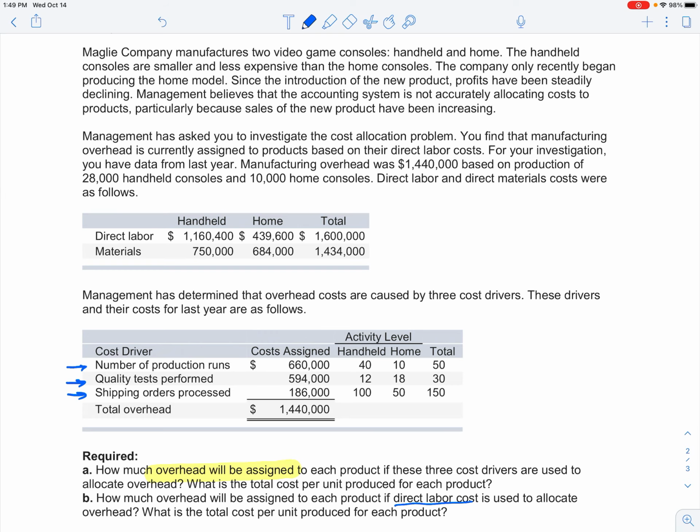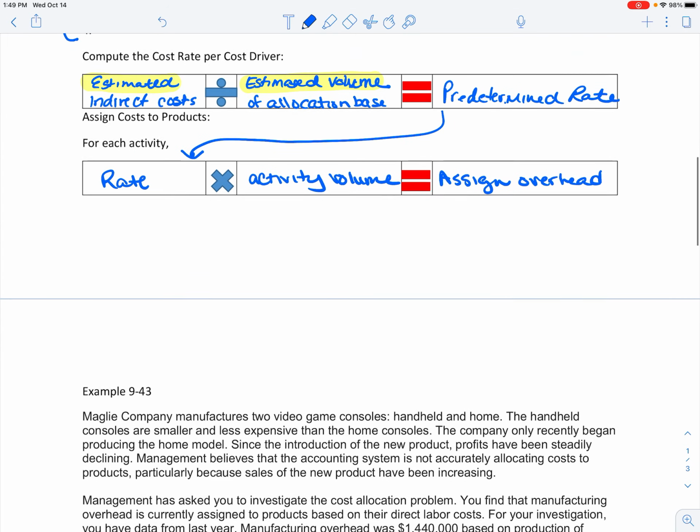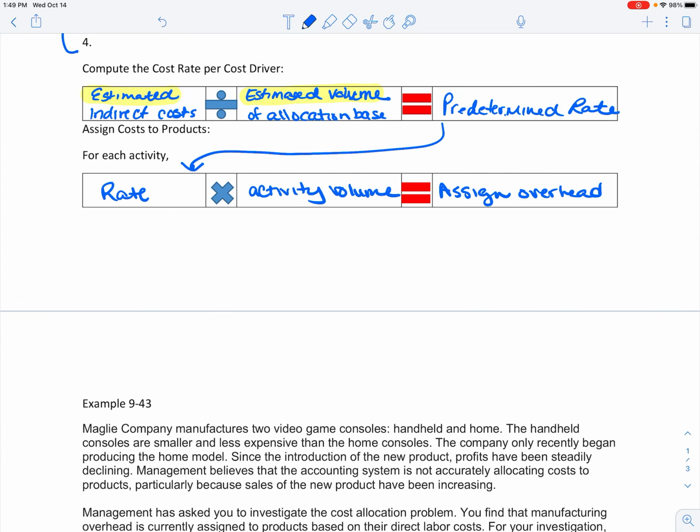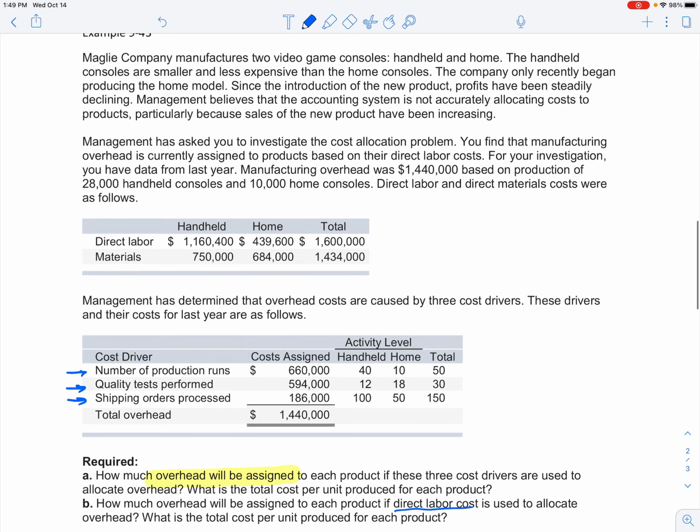So first thing we're going to do, again, is look at that ABC costing. I can remember that the first equation takes the estimated indirect cost divided by the estimated allocation base for that cost driver to get a rate. They give us here all the costs that are assigned.